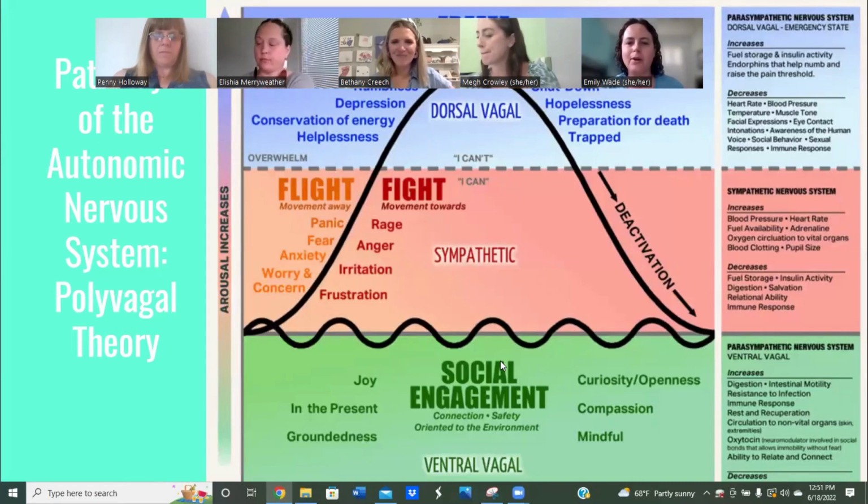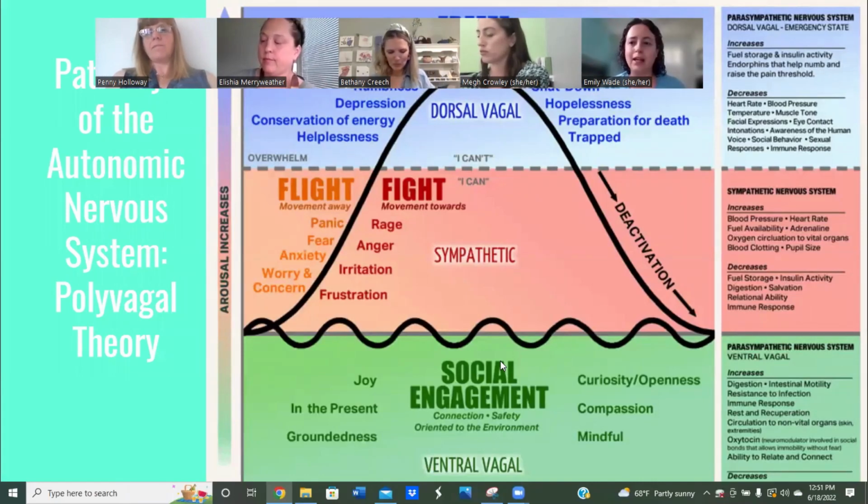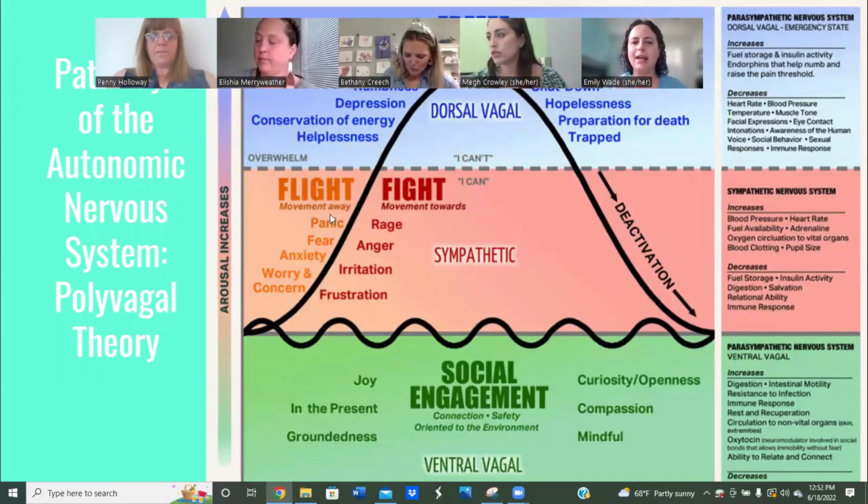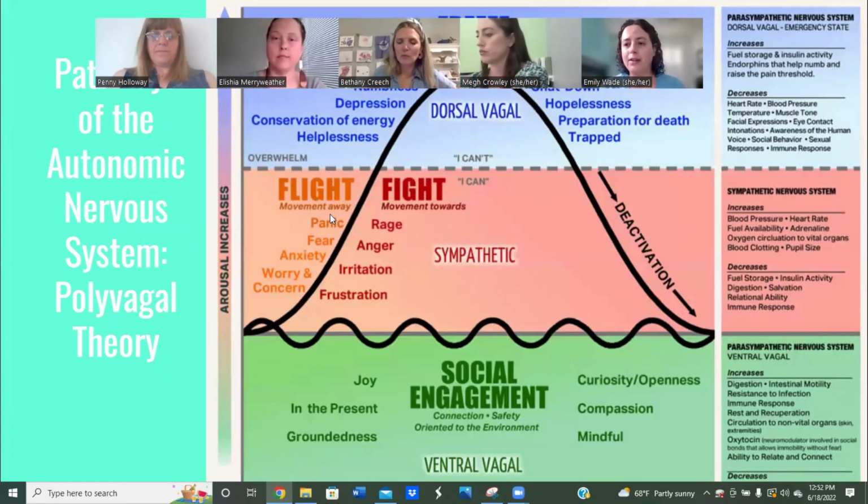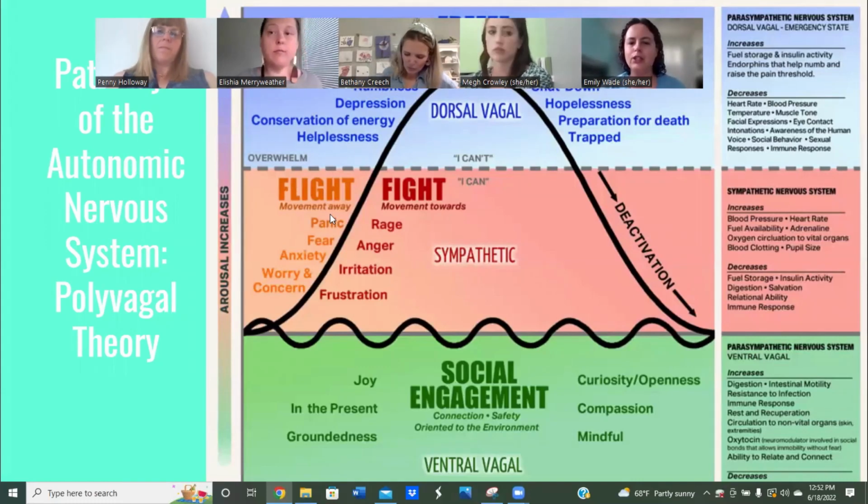Red being we're moving into this fight or flight response, so I'm either moving away or moving toward things that are upsetting or aversive or causing that arousal. Flight is movement away, running away from it, that's panic, anxiety and fear, and fight is moving toward the thing causing the arousal, so that would be rage, anger, frustration, things like that.